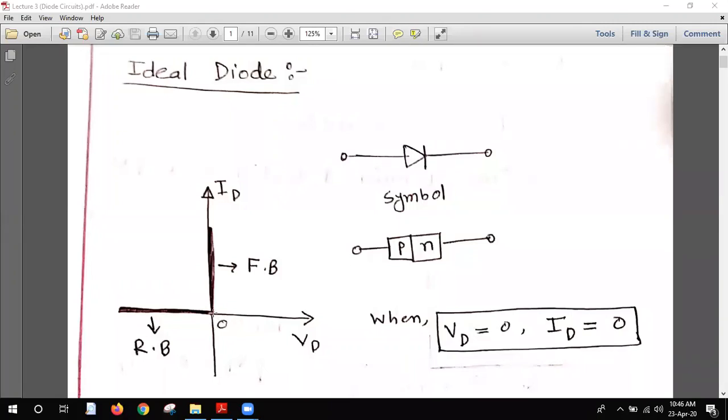We are discussing the ideal diode. When the voltage crosses 0, it will be in forward bias and a huge amount of current will flow. But when the voltage is less than 0, it will be in reverse bias.